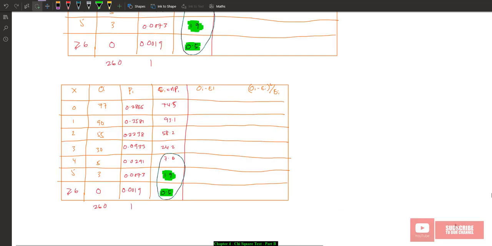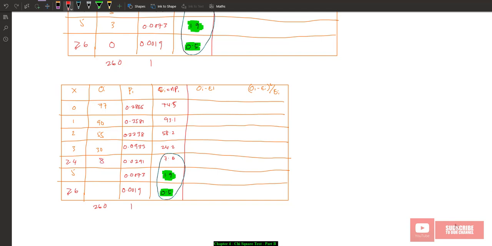Right. So now I'm going to combine these three groups together. So this one should be more than or equal to 4. And this one should be 5 plus 3 equal to 8.